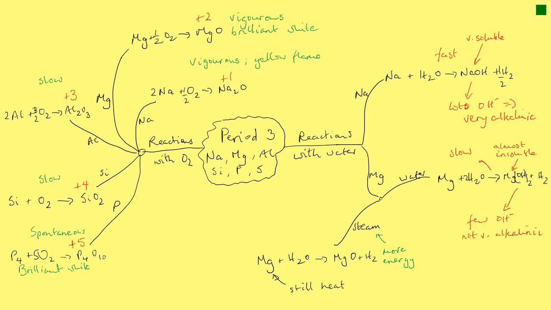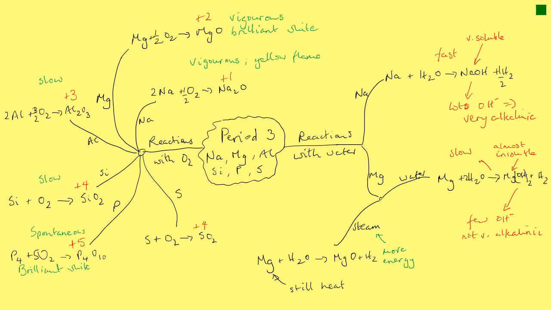Let's do the last one, which is sulfur. And the sulfur reaction is slightly different. You still get an oxide, sulfur dioxide as it happens. And this time you can see that the oxidation state of sulfur in the oxide with this reaction at least, is +4, but sulfur's in group 6, so that's why it's slightly different.